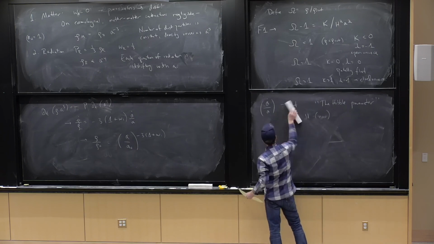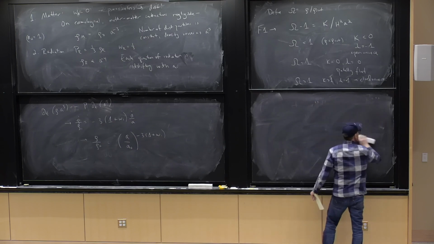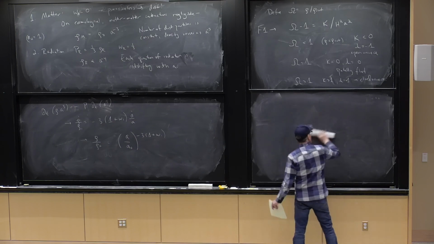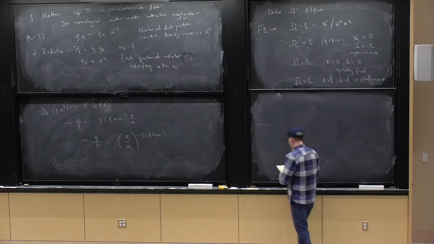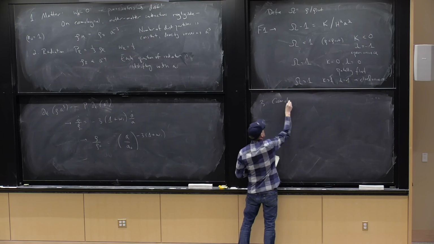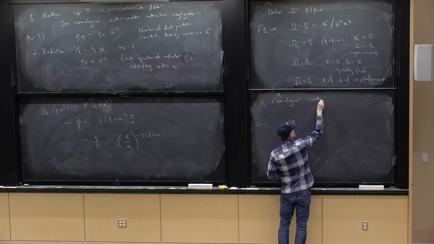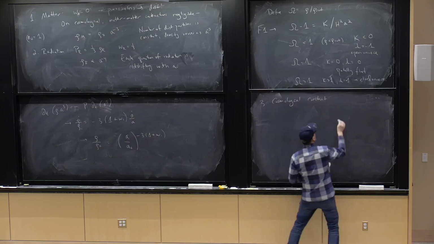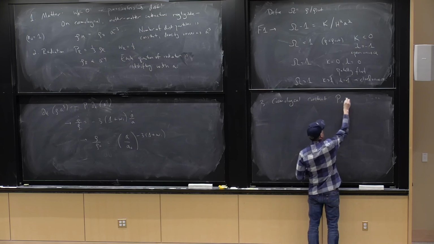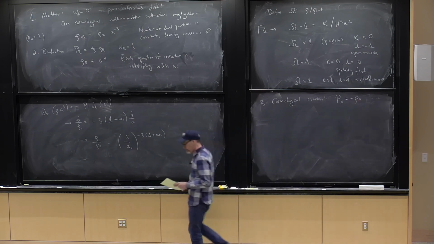Just for fun, there's another kind of perfect fluid that cosmologists worry about. And that's the cosmological constant. So the cosmological constant has pressure equal to minus the density.